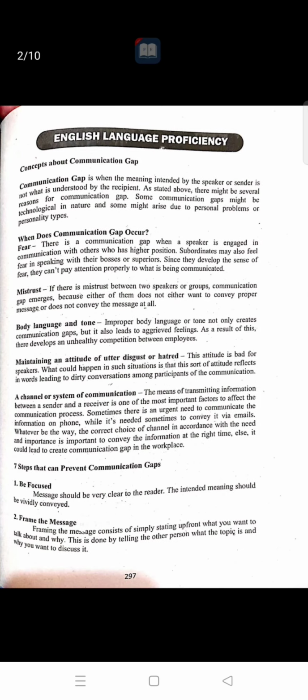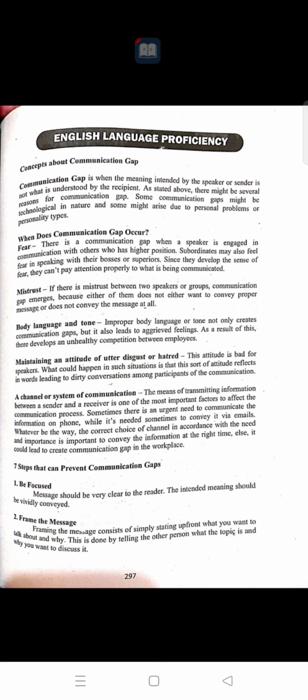Communication gap, this is when the meaning intended by the speaker or the sender is not what is understood by the recipient. Nangyayari ito the moment na kung ano yung message or information na gustong i-convey ni speaker ay hindi yun yung natatanggap nung receiver. Again, this occurs the moment na yung gustong ipabatid ng speaker ay hindi yun yung nakarating doon kay receiver.